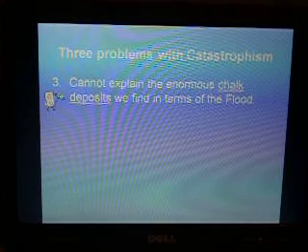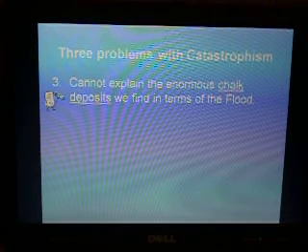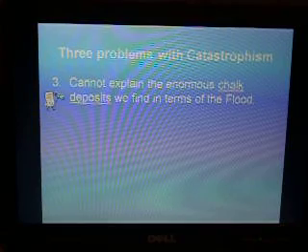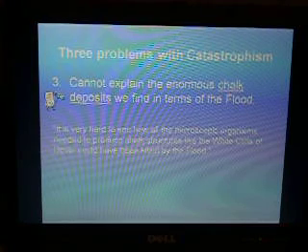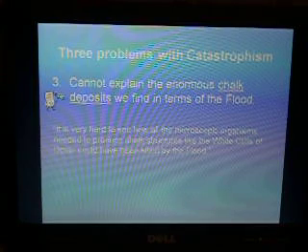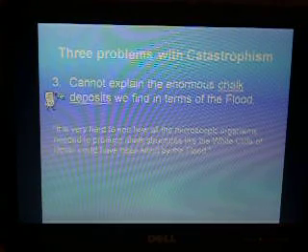A third problem with catastrophism is that the theory cannot explain the enormous chalk deposits that we find. It can't be explained in terms of the worldwide flood. Dr. Weil says it's very hard to see how all the microscopic organisms needed to produce these chalk structures, like the White Cliffs of Dover, could all have been around and living and killed at that time by the flood.